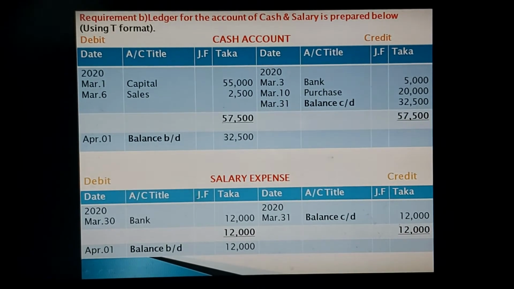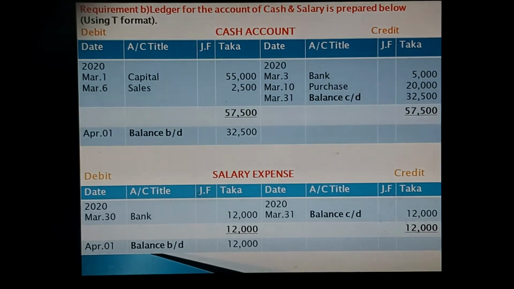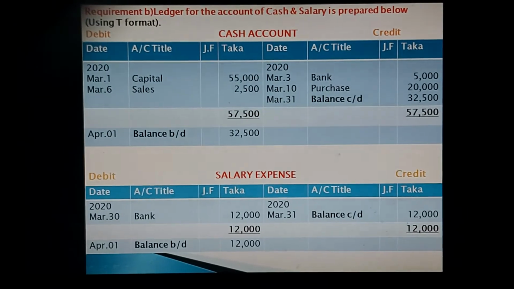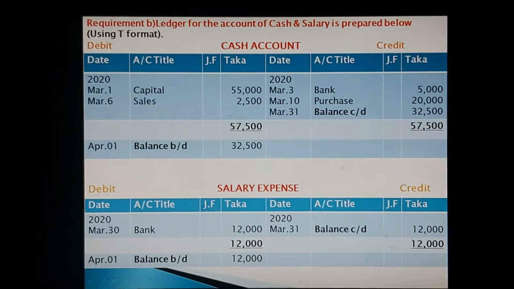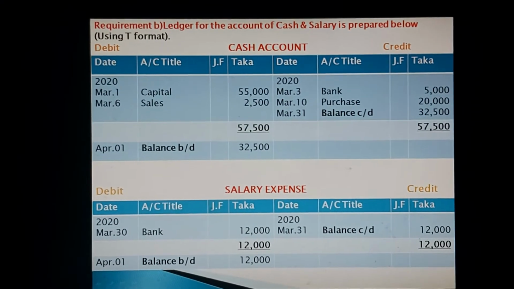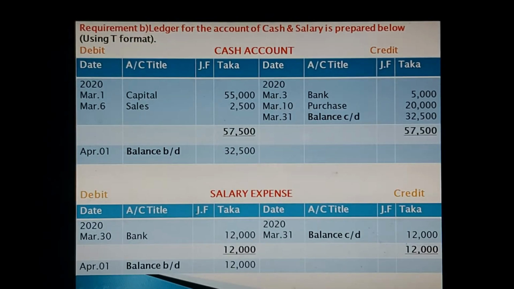Okay, I think you have drawn the new format for salary expense. It has two sides also, the debit side and the credit side. In the debit side there are totally 4 columns: date, account title, journal folio, taka. In the credit side 4 columns: date, account title, journal folio, and taka.